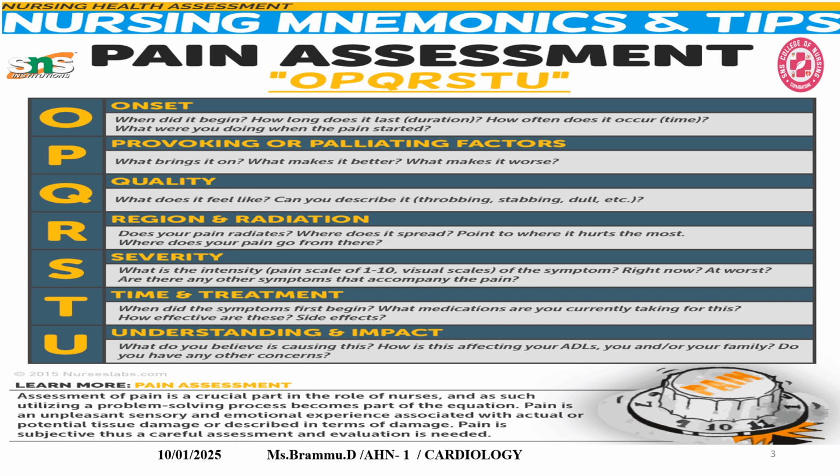Provoking factor is nothing but what brings on or what is increasing the pain, whether something is making it better or making it worse. For example, the patient is having pain after doing an activity. He went for a walk and after the walk he is having severe pain around the chest.